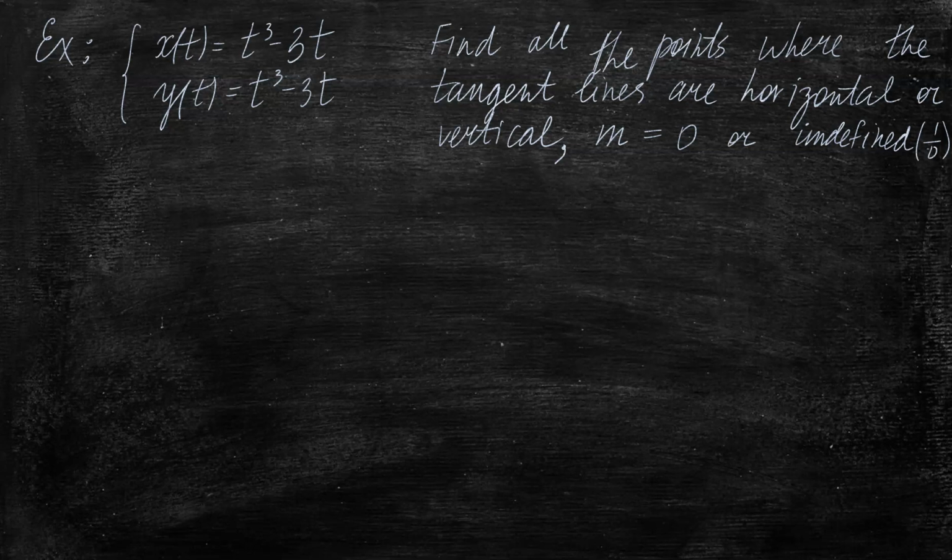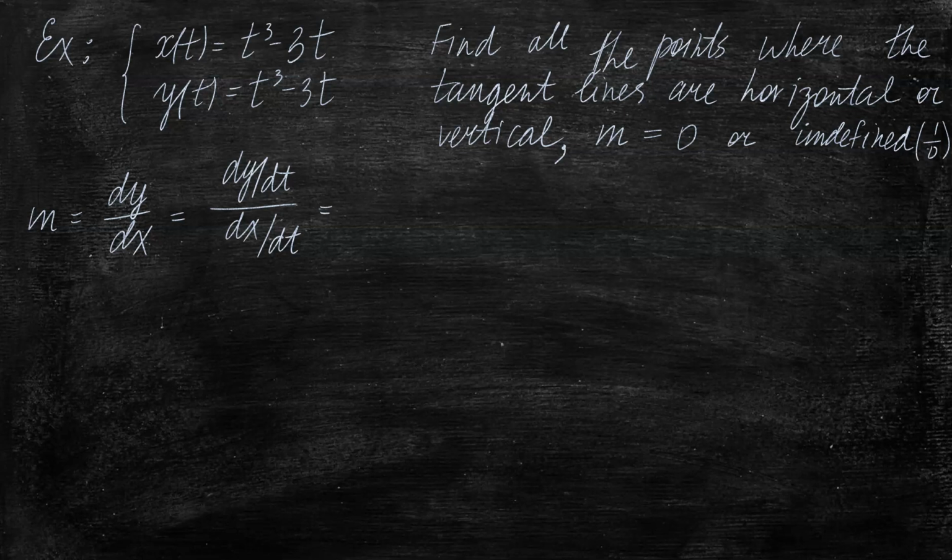In order for us to find the slopes that satisfy these conditions, we first have to find the general expressions for those slopes, and we're going to be using the formula. Since we already know we're going to be using this formula, we can just start setting it up. So the slope will be equal to dy/dx, and then dy/dx can be rewritten like this.